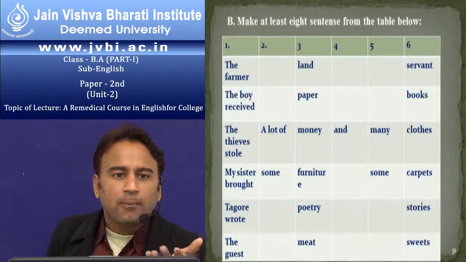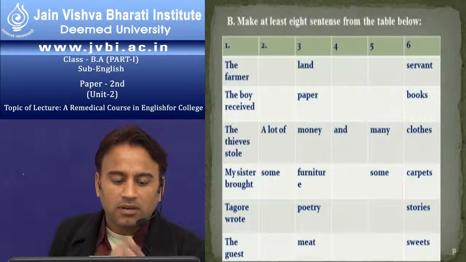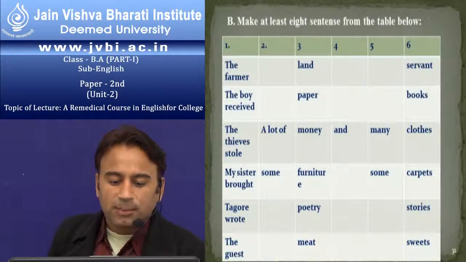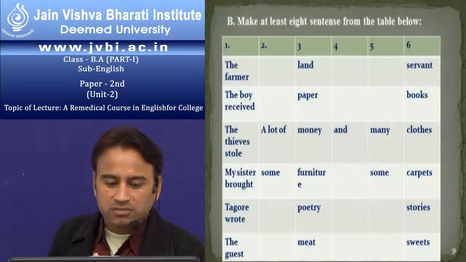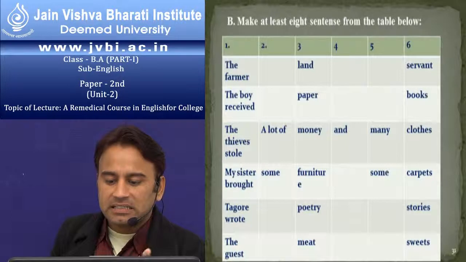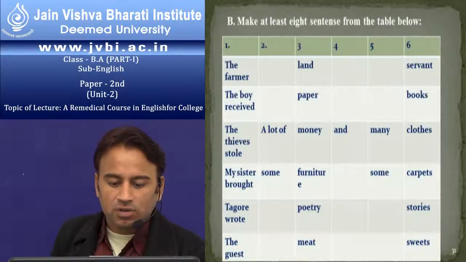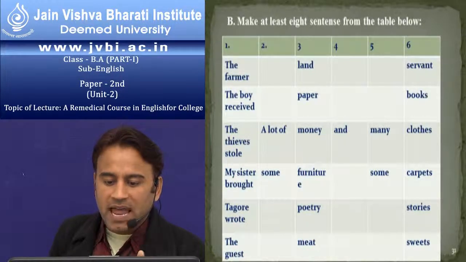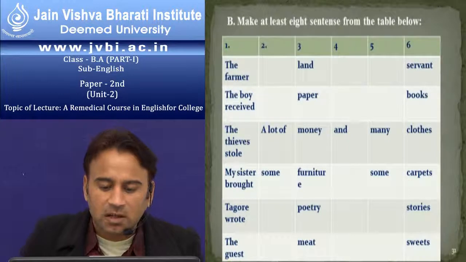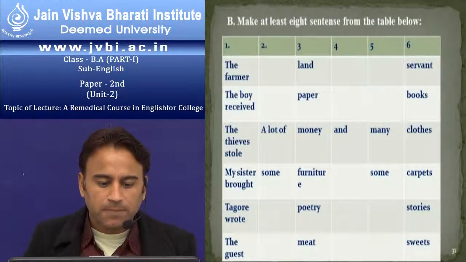We can make many sentences by this table. The second, the thieves stole a lot of money or some money and some sweets. The thieves stole some meat and some books. The thieves stole a lot of paper and many carpets. We can make thousands of sentences with the help of this table.